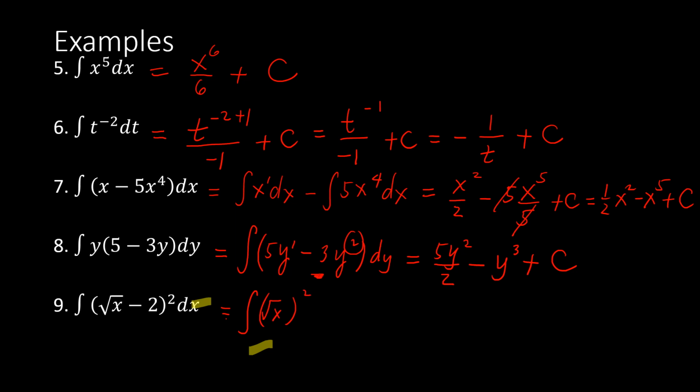Twice the product of square root of x and negative 2. So that is negative 4x to the 1/2, or square root of x. And then negative 2 squared becomes positive 4 quantity dx. That should be dx.